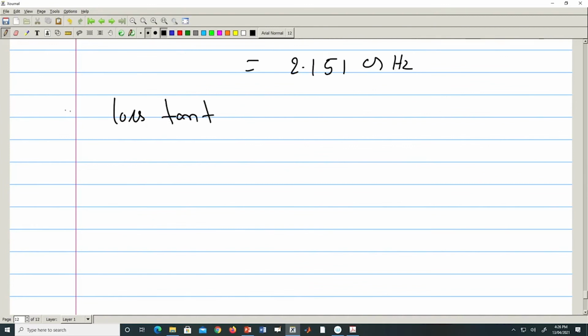For the a part of alpha d, the loss tangent is defined as sigma by omega epsilon. The loss tangent is given, so we will get sigma from here. Sigma will be loss tangent into omega epsilon.